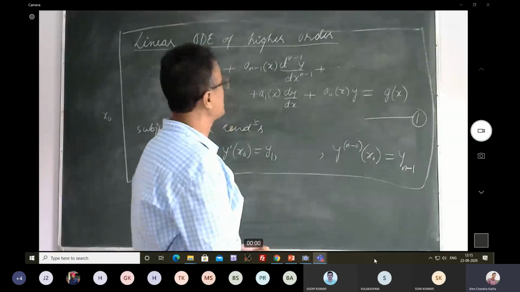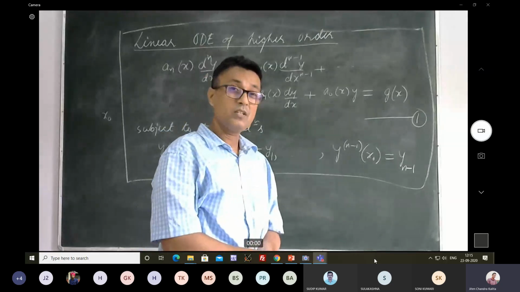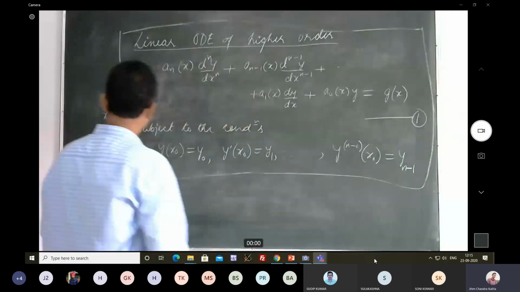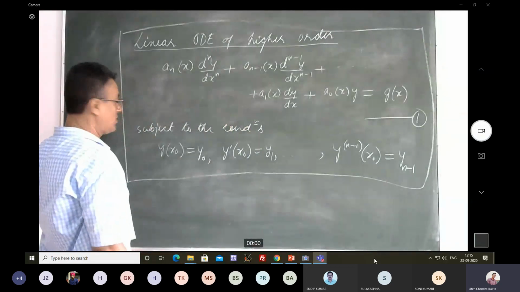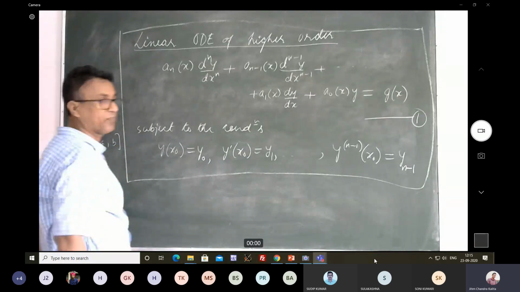Now, this being an nth order differential equation, it has come up with n given conditions, okay? And as you know, we are going to designate this point x naught in some interval AB as my initial point, okay?